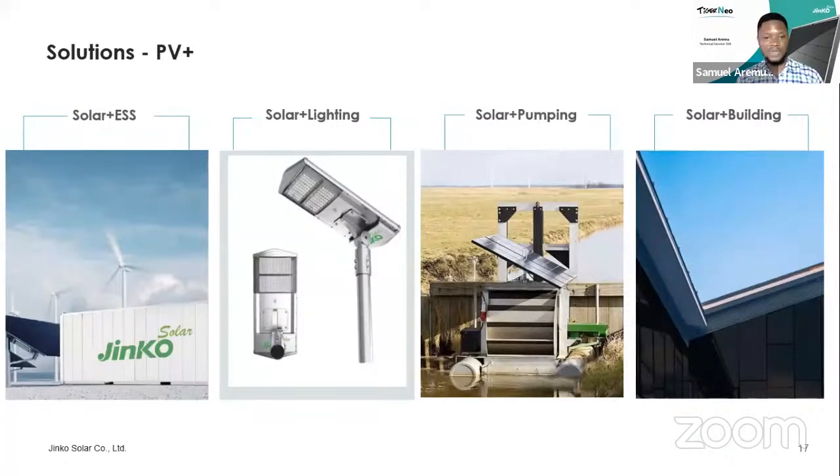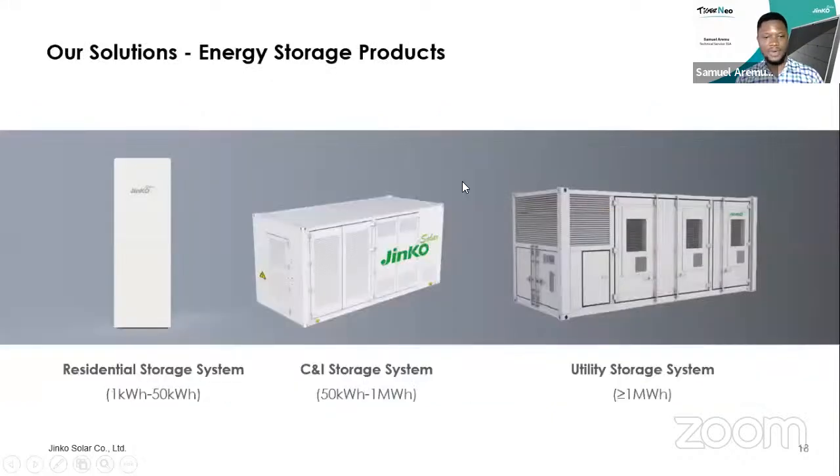We also provide solutions for solar lighting, solar pumping, and building integrated photovoltaics, that's for buildings. For our ESS product, we have 3 segments: the residential storage system, the C&I storage system, which is commercial and industrial storage system, and utilities projects.